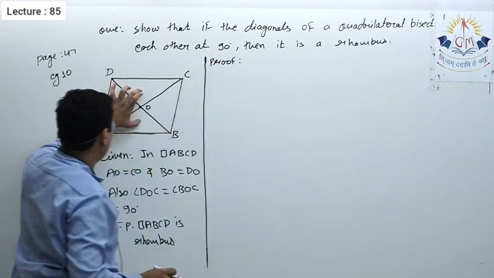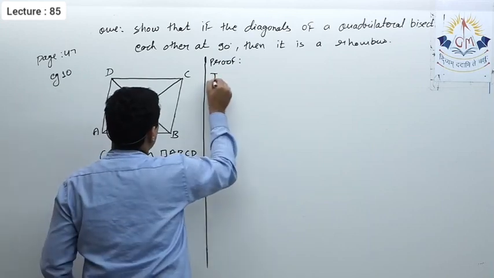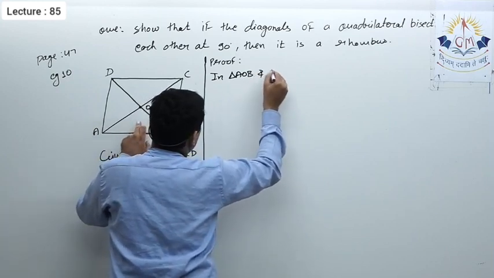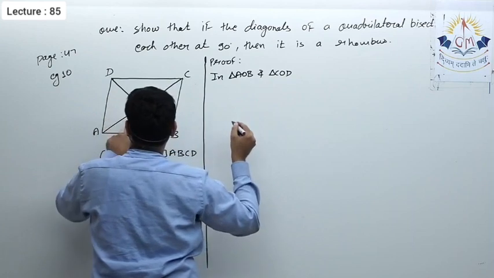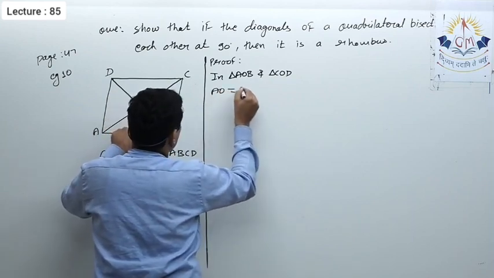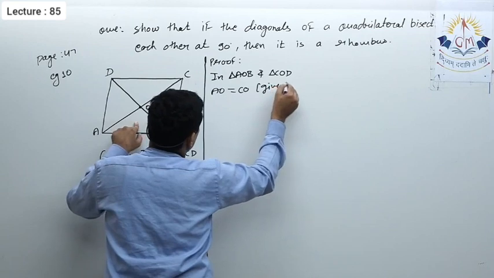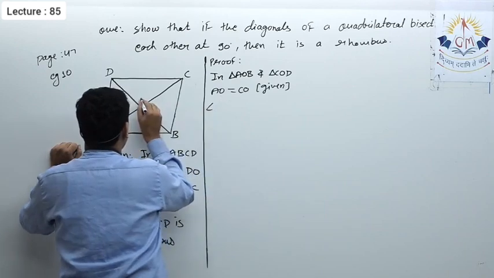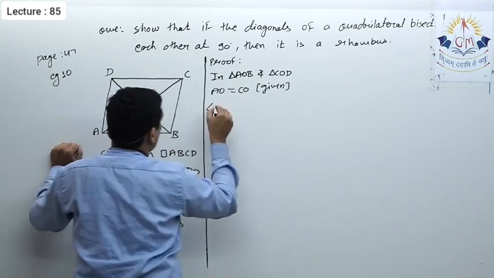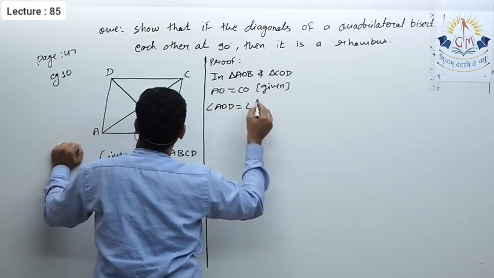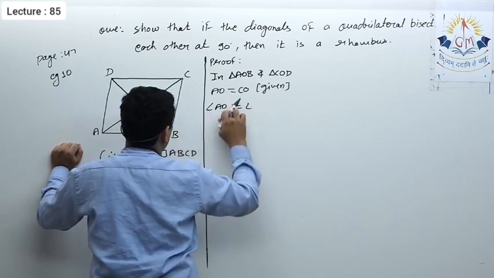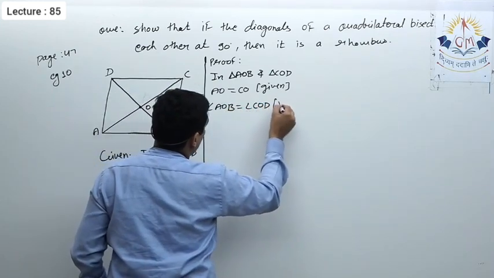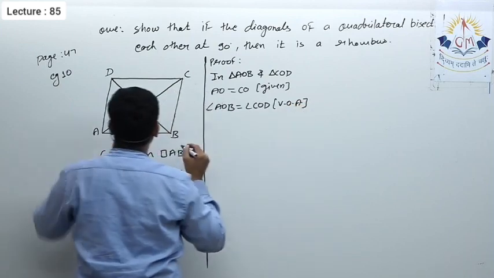First of all, I will take these two triangles. In triangle AOB and triangle COD, I can say AO is equal to CO, that is given. Angle AOB is equal to angle COD, vertically opposite angles.